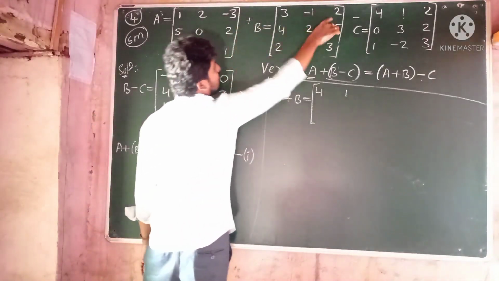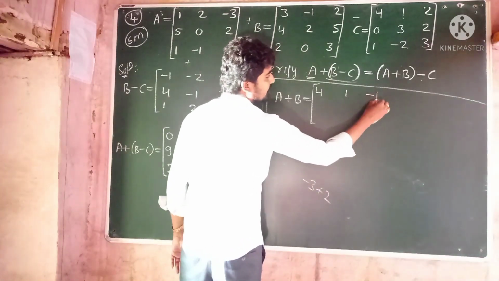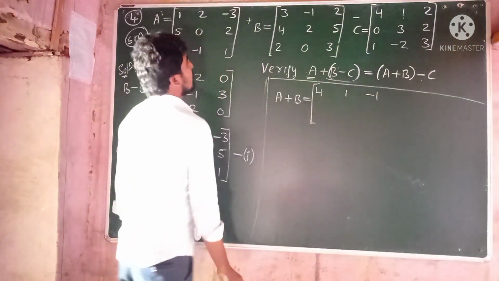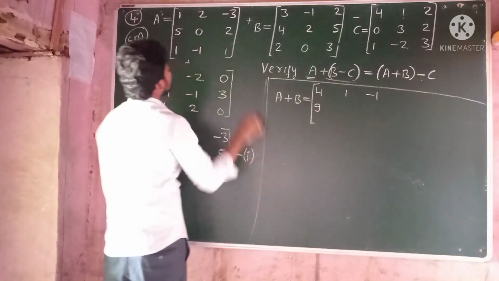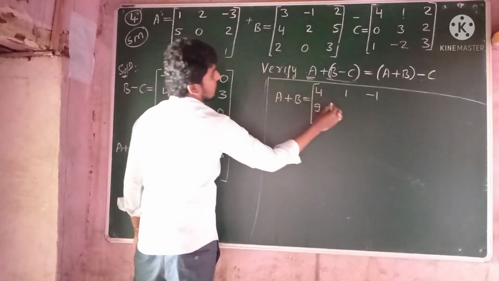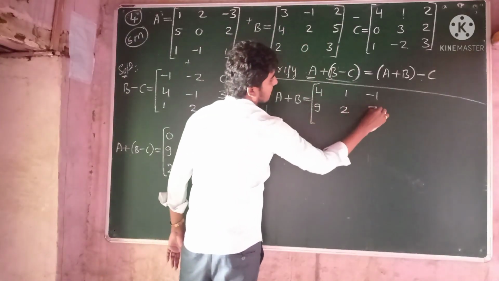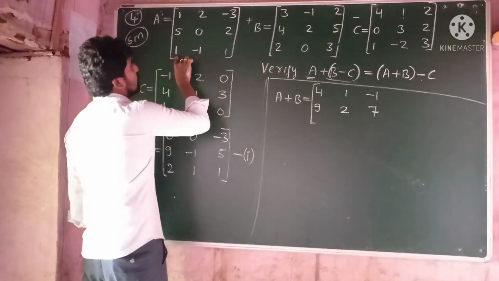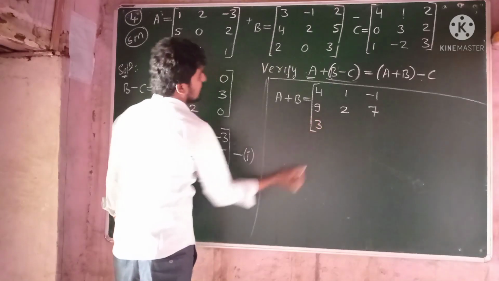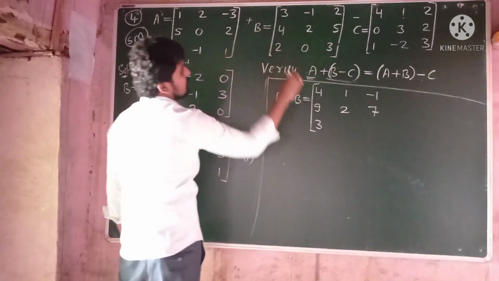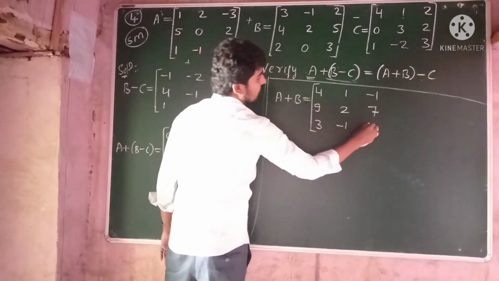Minus 3 plus 2 is minus 1. And then 5 plus 4, 9. 0 plus 2, 2. 2 plus 5, 7. 1 plus 2, 3. Minus 1 plus 0, minus 1. 1 plus 3, 4.